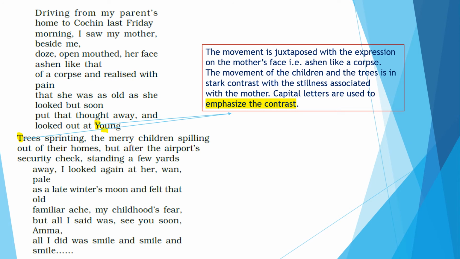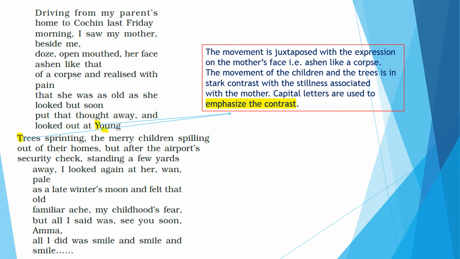And here you see two letters highlighted, Y and T, young trees. So actually, they're sprinting trees, and that too young trees with capital Y and trees with capital T. Why does the poet use these capital letters? I think it is to juxtapose the movement with the stillness associated with the mother's face.